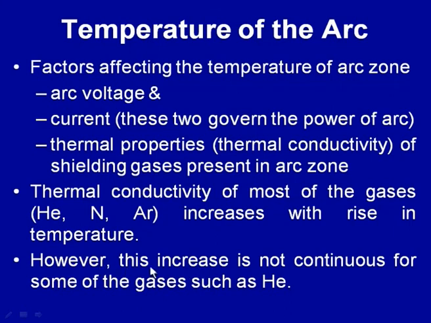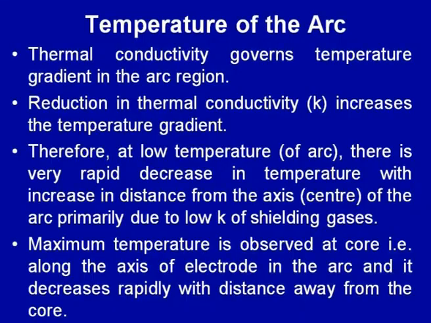However, this increase in thermal conductivity is not uniform for gases like helium or argon. It increases, but the rate of increase with temperature is not found to be uniform. Thermal conductivity, we know, governs the temperature gradient in the arc zone.